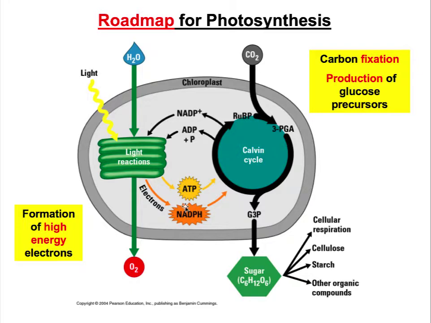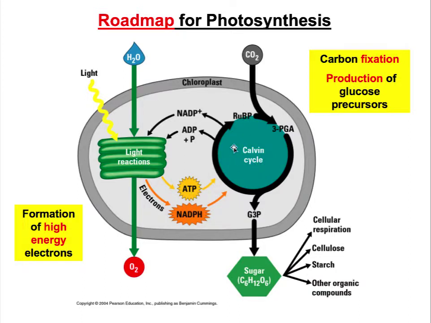These two entities deliver their cargo, which is energy, to the light-independent reactions, which have many names in many textbooks. In this case, they call that the Calvin cycle directly. Use whichever choice of words is appropriate, any one of those three will work.